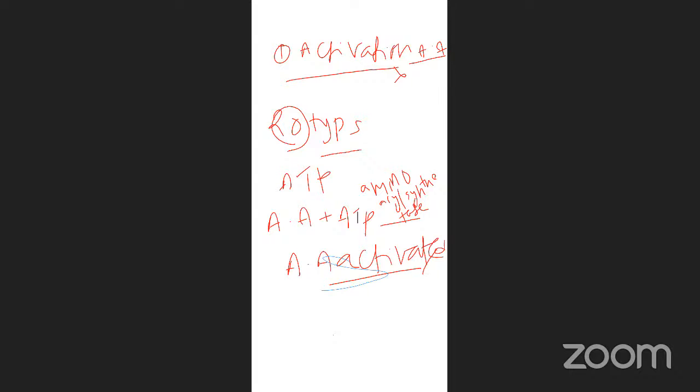Which RNA type carries amino acids? mRNA, tRNA? Yes, sir, transfer RNA. tRNA means transfer RNA. Now the activated amino acid is attached to the tRNA at the CCA end.